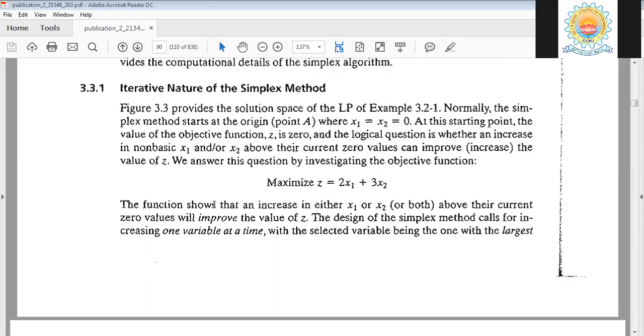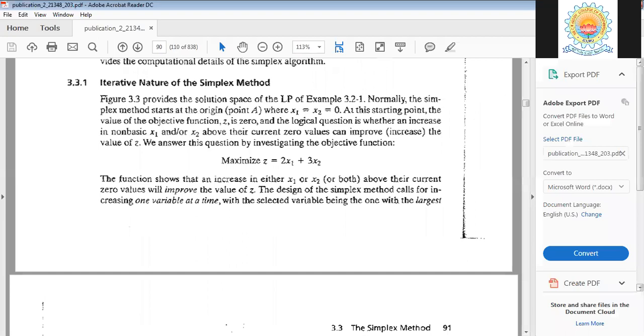Okay, my dear students, today I am going to deal with some problems related to linear programming, problems related to the graphical solution, and at the same time finding out the duality of the primal problems.